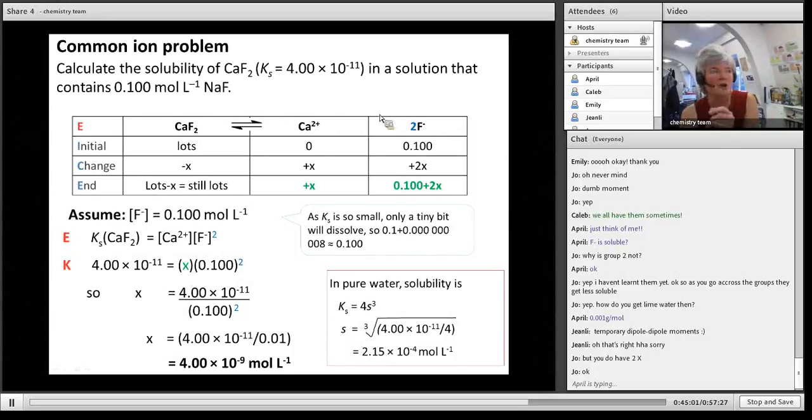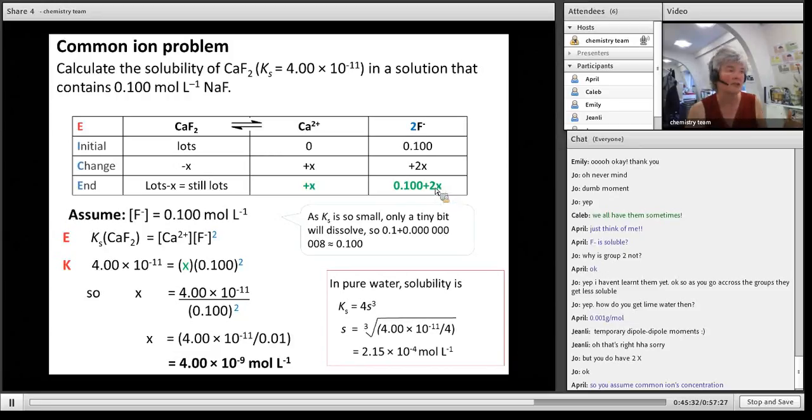But if the common ion was the calcium, so if I had to say in a calcium chloride solution, so say this question was in a solution that contains 0.1 of calcium chloride, then I only look at the X over here, and I have a 2X over there. Yep, so you assume the common ion's concentration.